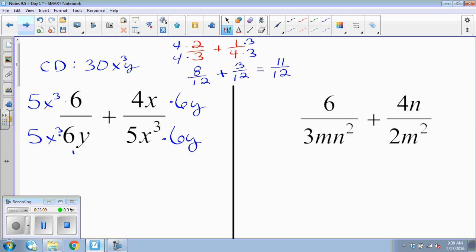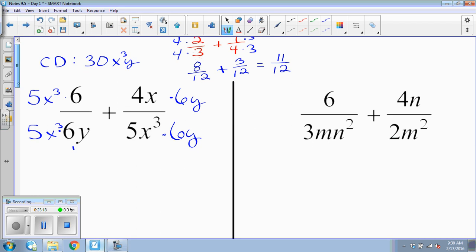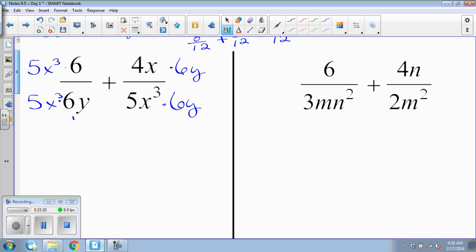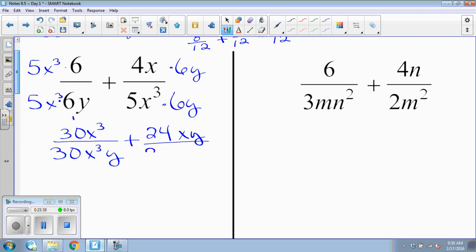Okay? So now our next step was let's actually multiply them and see what we have. And so now, 5x to the third times 6 is 30x to the third, and that's over 30x to the third y, plus 4 times 6 is 24xy over 30x to the third y.